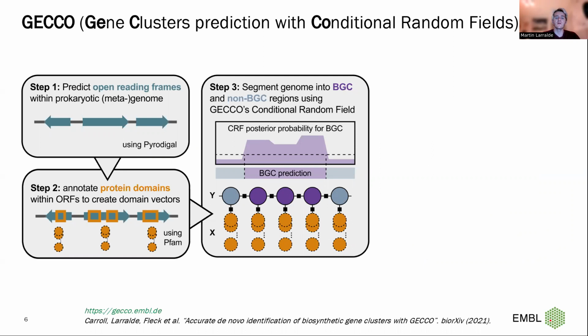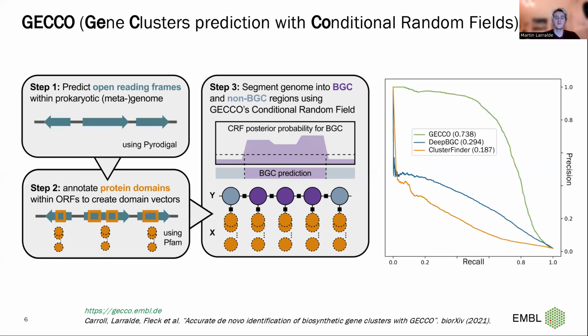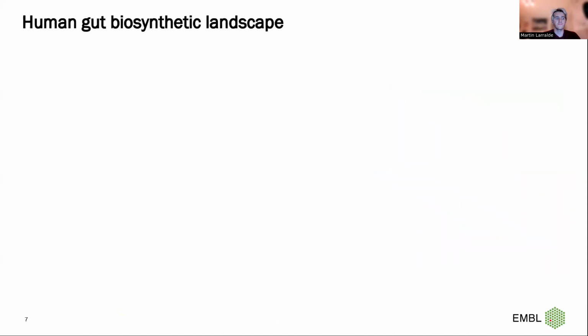These domain vectors are then used by our conditional random field to compute probabilities for BGC regions. When we evaluated this method against the other model-based methods like DeepBGC and ClusterFinder, we found that GECKO massively outperformed them. You can find more information in our preprint from 2021 or on the GECKO website.